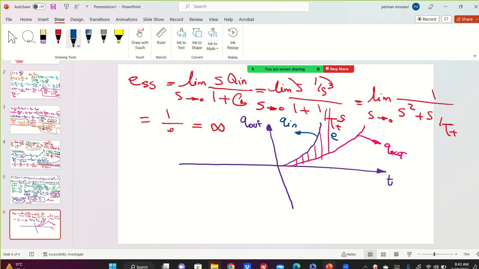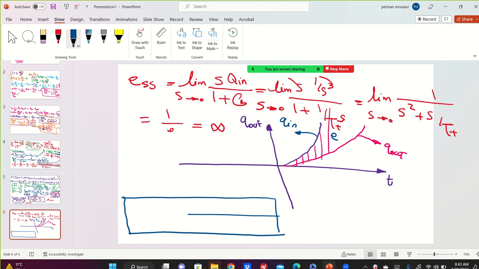So now we completed the 4 inputs. Now I can plot the table at the end before going to the frequency response in the next class. When you apply impulse, unit step, ramp, and parabolic, this is the input to the system.